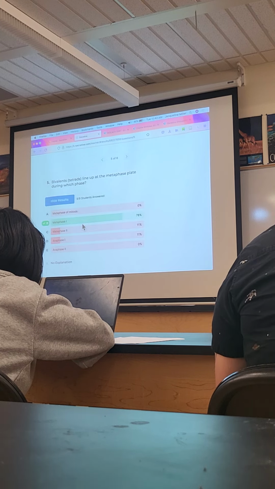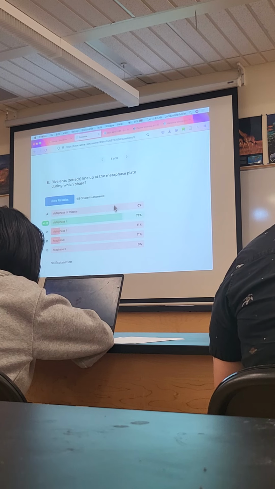Alright, good, so metaphase 1 is the only time that you would have bivalents lined up. The other phases would just have individual chromosomes lining up.